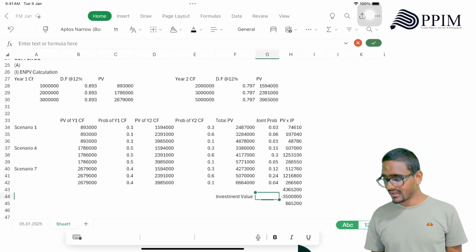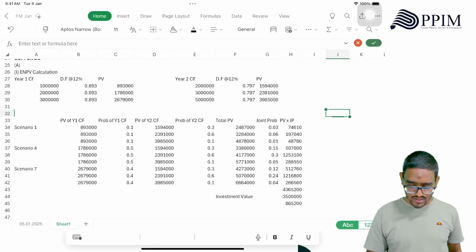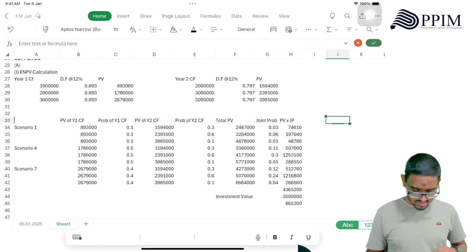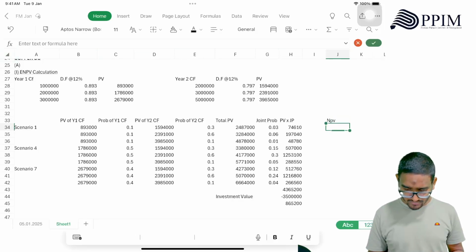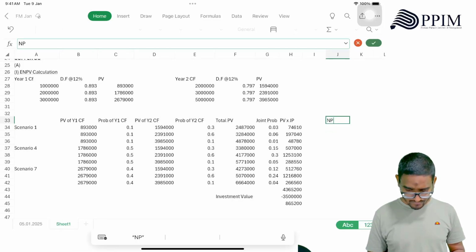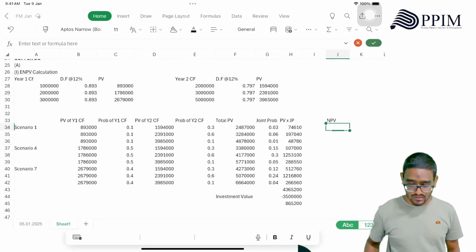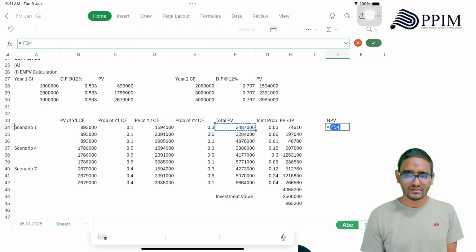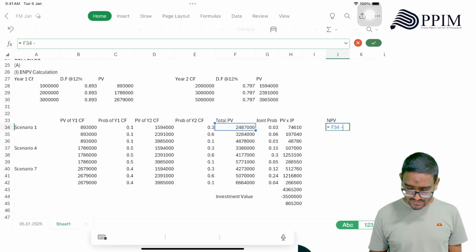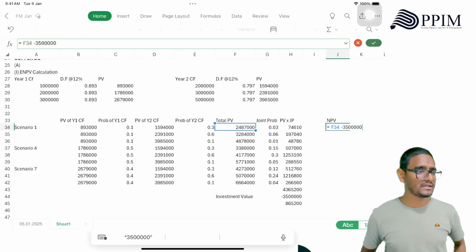I would look at my outcomes here and calculate an independent NPV for each scenario. Independent NPV in the sense that I have a total present value here, 2.487, that I will minus my total investment of 3.5.